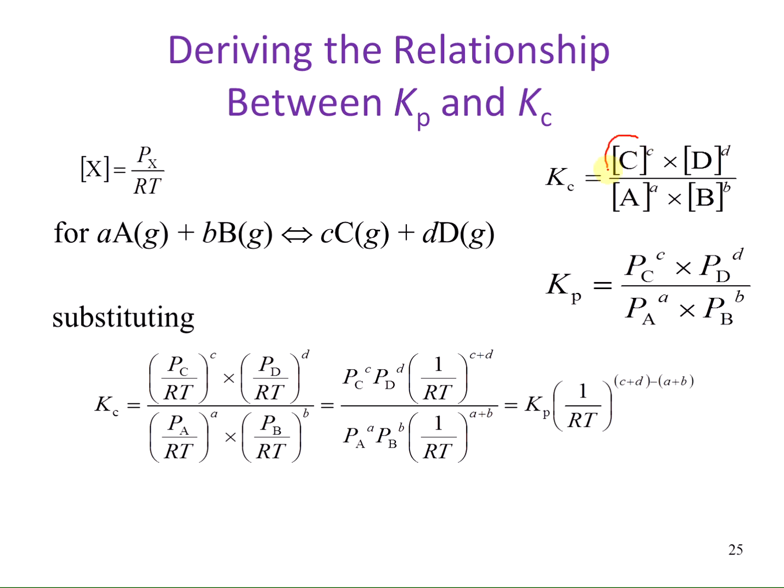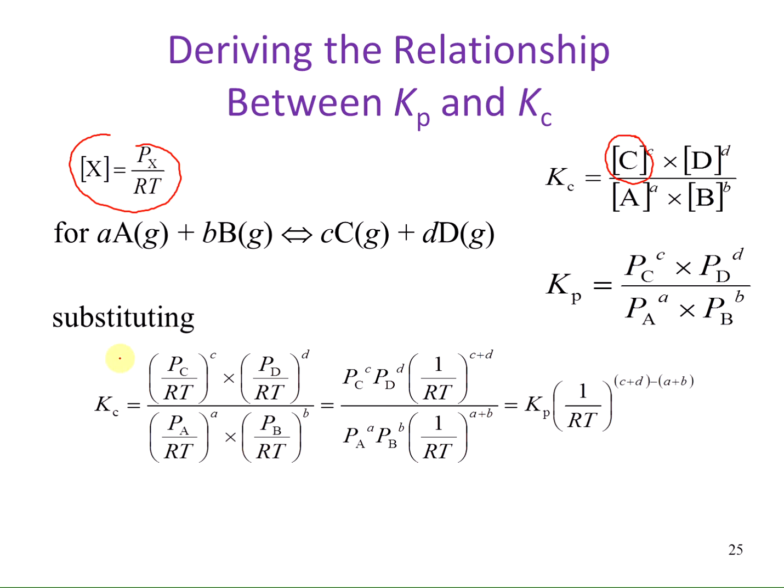So here we've got the molarity for C. We're going to use what we initially derived on the previous slide and substitute in. So the pressure of C over RT raised to the C coefficient. And we do that for each of the products and each of the reactants.